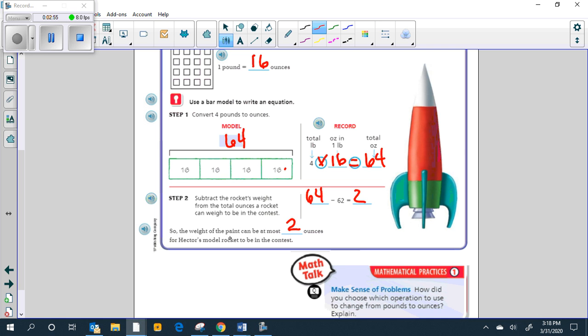So the weight of the paint can be at most 2 ounces for Hector's model rocket to be in the contest. How did you choose which operation to use to change from pounds to ounces? Pause the video and think about that for just a moment. Because pounds are larger than ounces, we're converting a larger unit to a smaller unit, so we need to multiply.